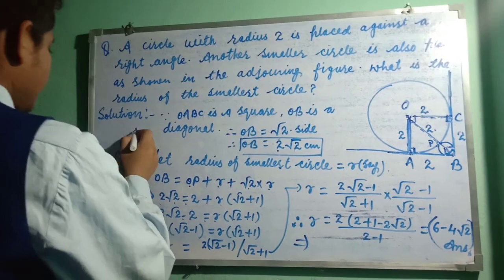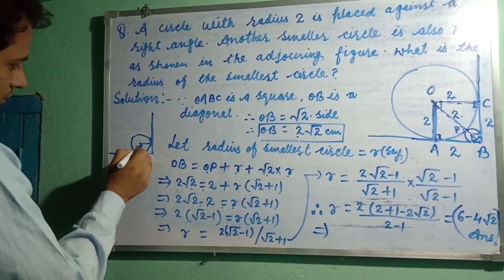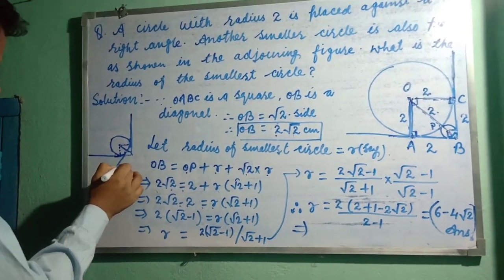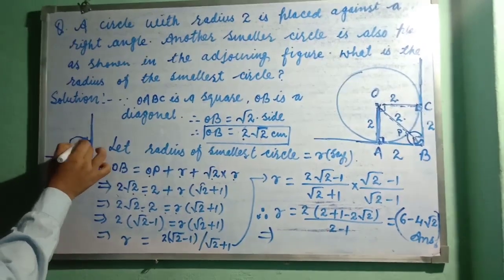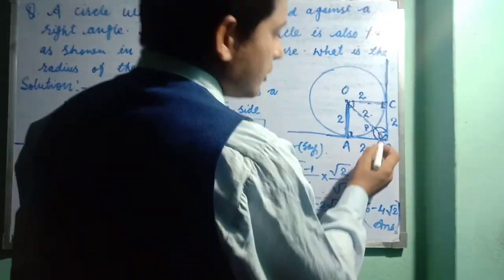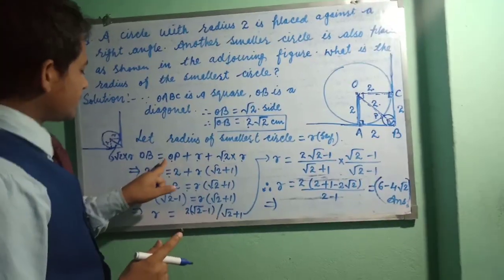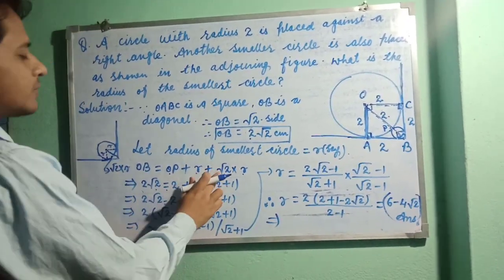There is a small square, and this becomes a diagonal, and this diagonal is equal to square root 2 into side. The side is R, because the side of this square is the radius of this smaller circle. So OB can be written as OP plus R plus square root 2 into R.